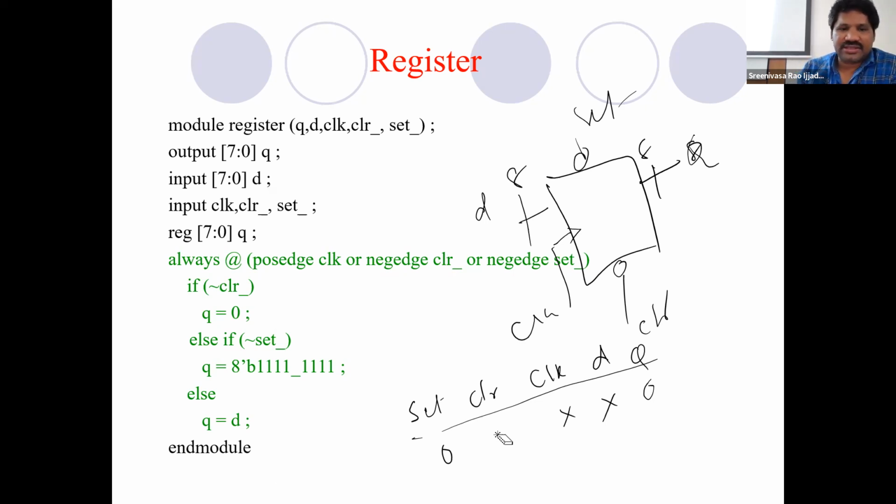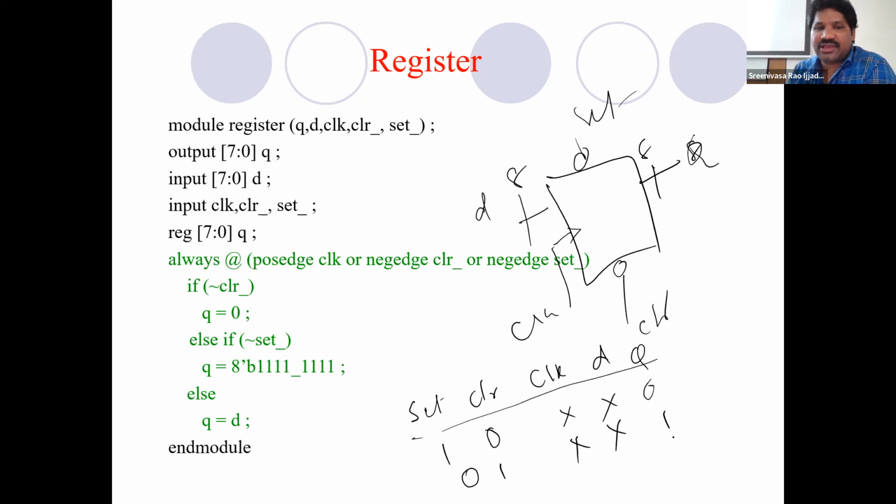If clear is 0 and set is 1, and if set is 0 and clear is 1, irrespective of these things, Q is 1.